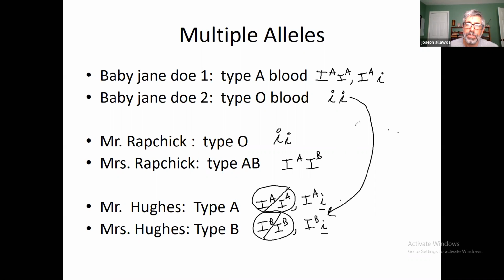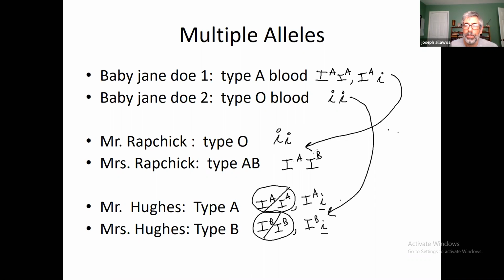That then means that baby Jane Doe number 1 goes over here with the Rapchicks. And now look what we can do. We can use the parental genotypes to eliminate one of these genotypes, right?